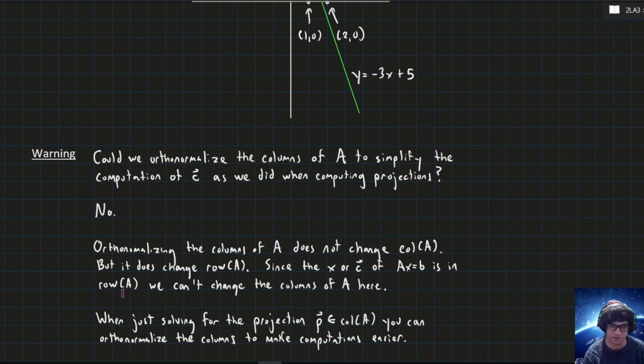It's not the same. So you have to be careful when thinking about which vector we're solving for. Before, we were solving for the projection P, which was in the column space. So orthonormalizing the columns of A is fine. It doesn't change the column space. That's why it was okay before, but here we can't do that.